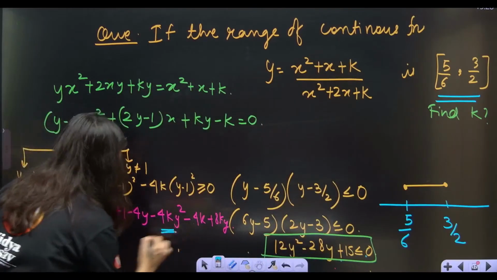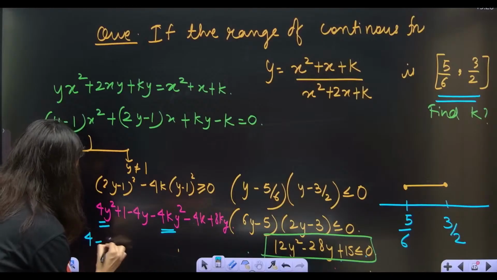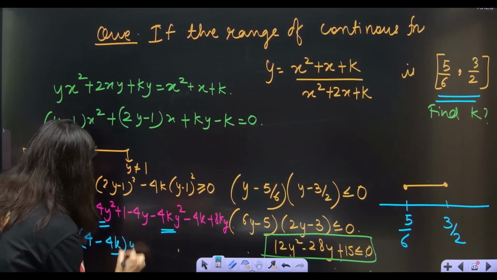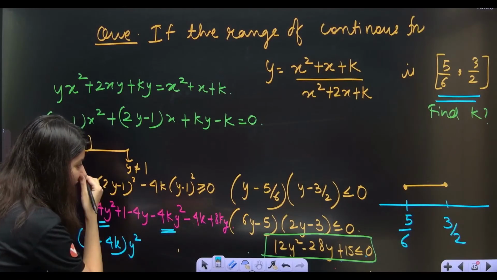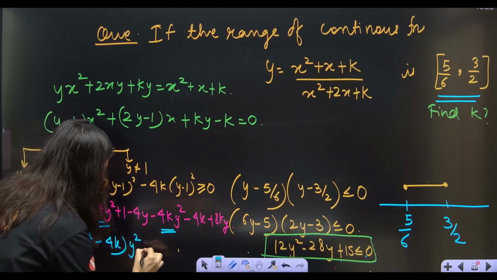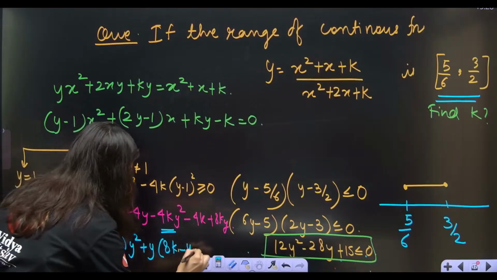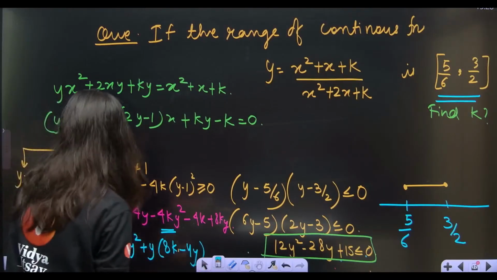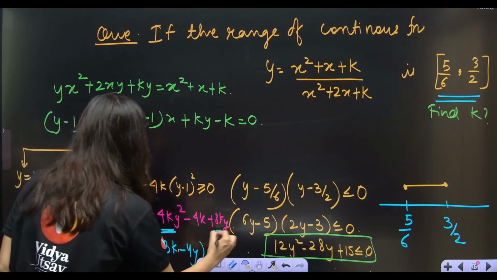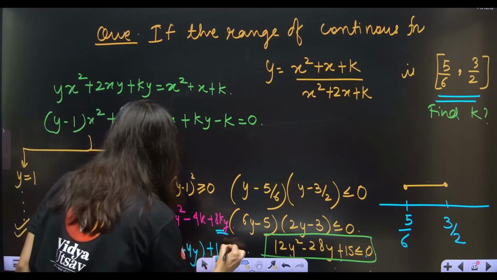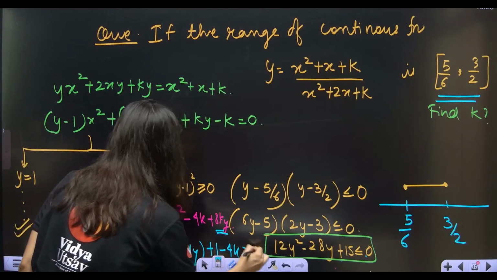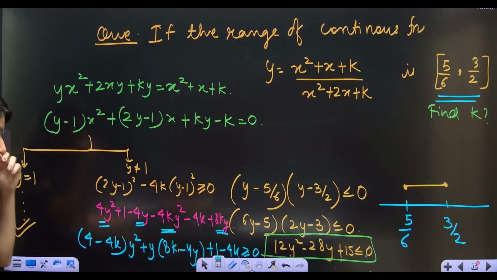4y square and this. So this is 4 minus 4k y square minus 4y and plus 8ky. So y if you take common, plus y if you take common, 8k minus 4y. And this is what? So this is also done. Plus 1 minus 4k is greater than or equals to 0. But you want something which is less than or equals to 0.